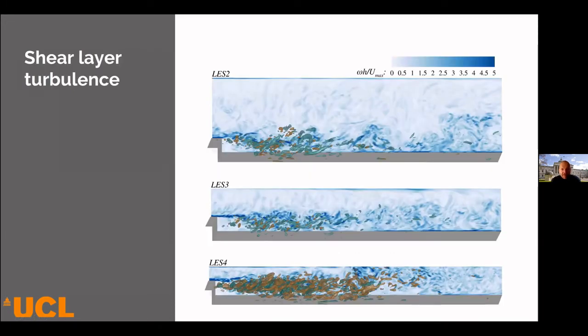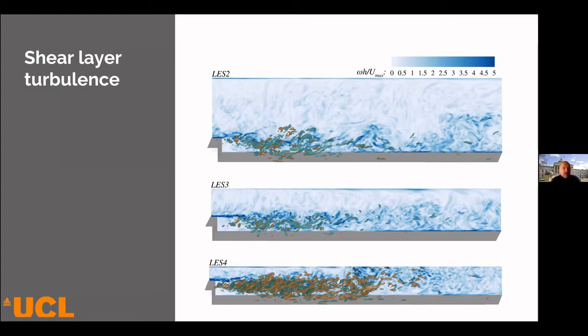So in this slide, we can see some of the shear layer turbulence. These are isosurfaces of the Q criterion. They visualize turbulent structures, coherent flow structures, and in the background you can see contours of the vorticity.